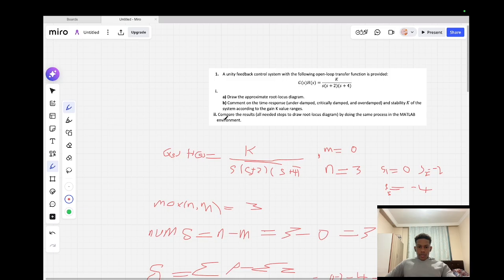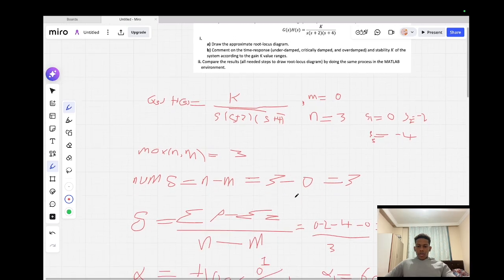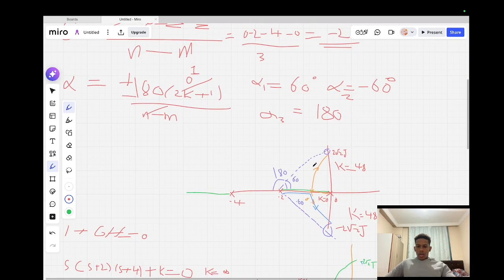And here, compare the result. Next step is to draw the root locus diagram by doing this same process in the MATLAB environment.